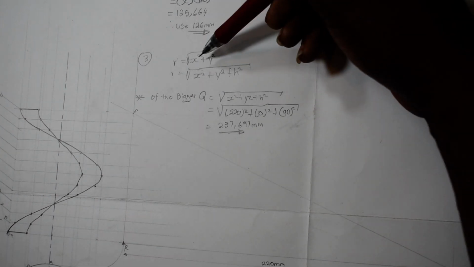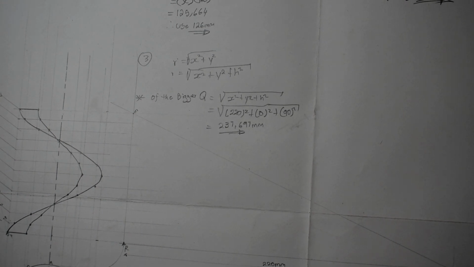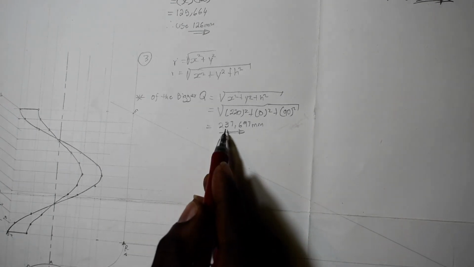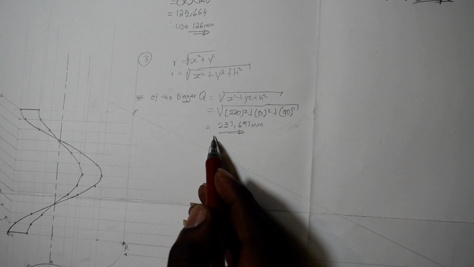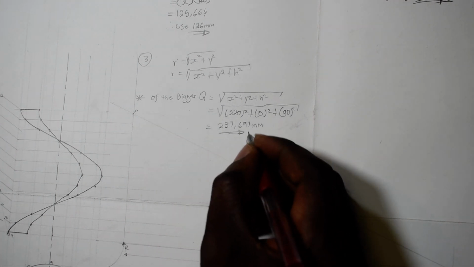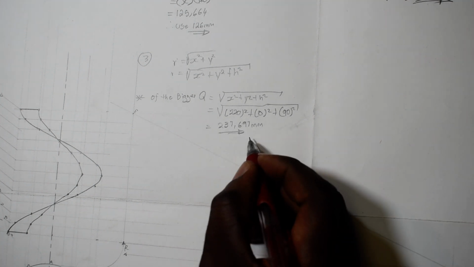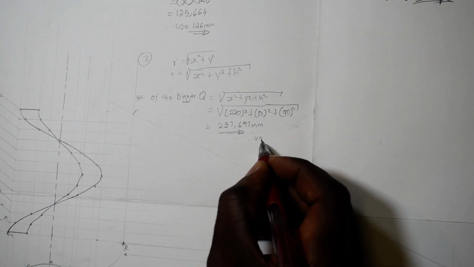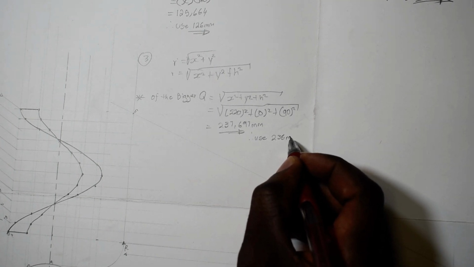Why am I saying including the height graphically? Because mathematically we have included the height. So if I place my 30 millimeter ruler from here till there, I must be getting 237. And if we round it off, it's supposed to say therefore use 238 millimeter.